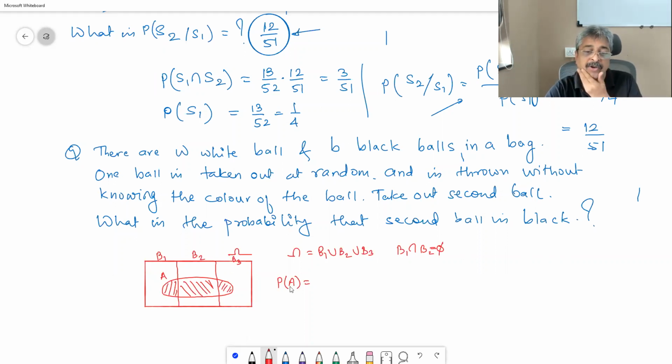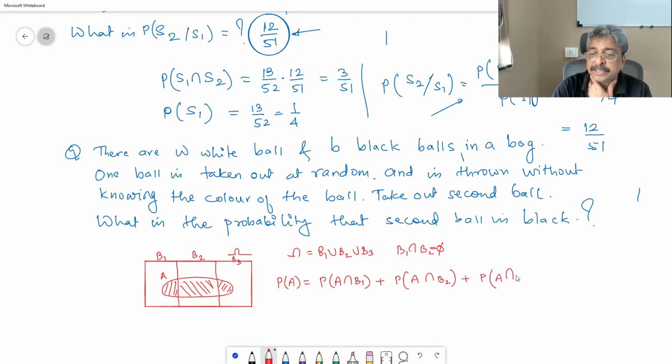That is going to be the probability of A. So in set notation, I can write probability of A intersection B1 plus probability of A intersection B2 plus probability of A intersection B3. If I add all these three intersection probabilities, then I will get probability of A.